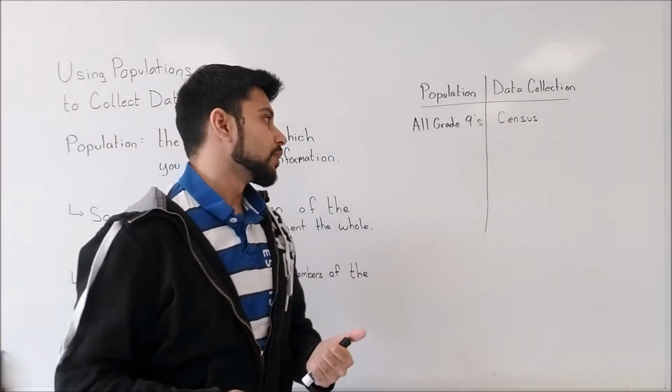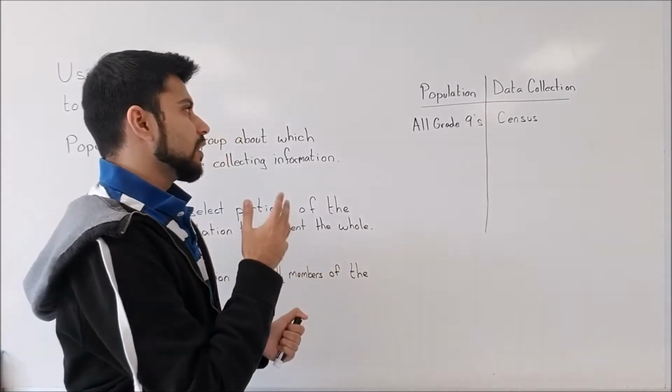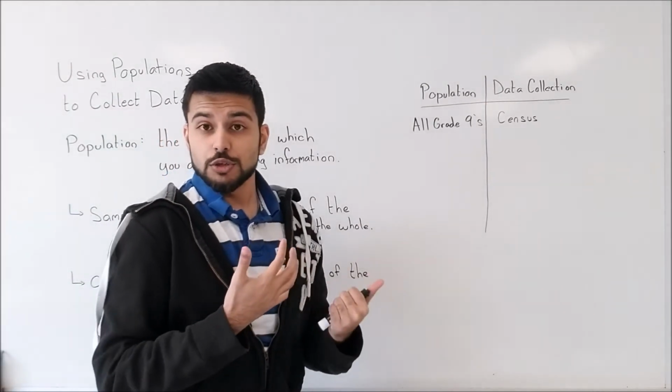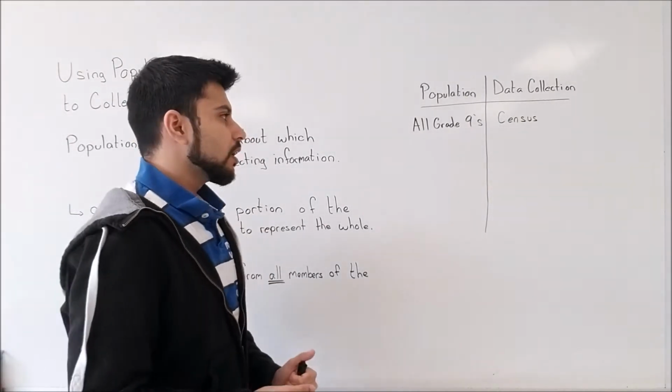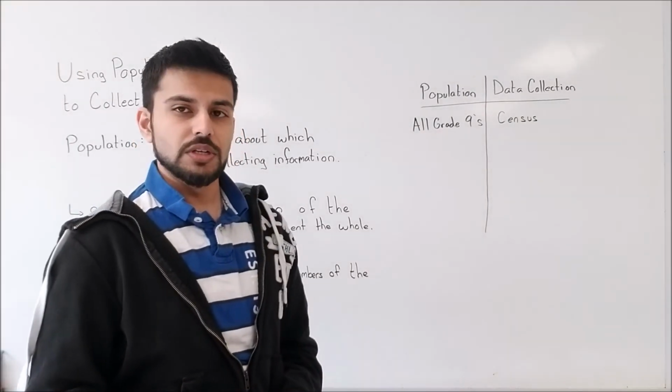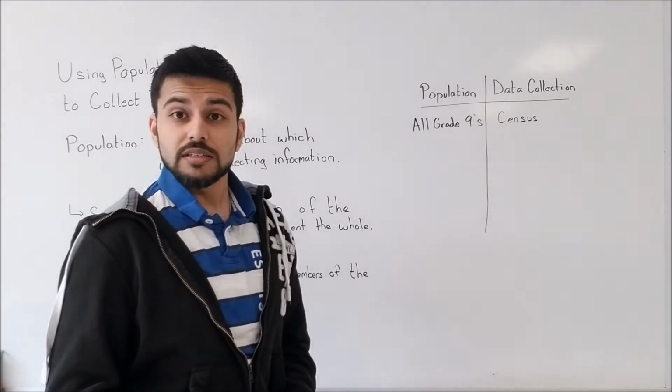Now, what if you weren't sure? Well, you can always go back on your response and try to make sense of it, right? If I didn't choose a census, if I chose a sample to represent all grade 9s and whether or not they had an Apple product, well, let's say I took a sample of 10 students and said, hey, do you guys have Apple products? And 7 of them said yes.